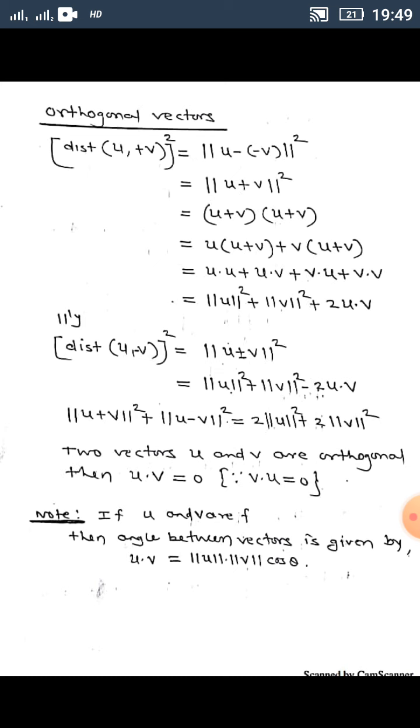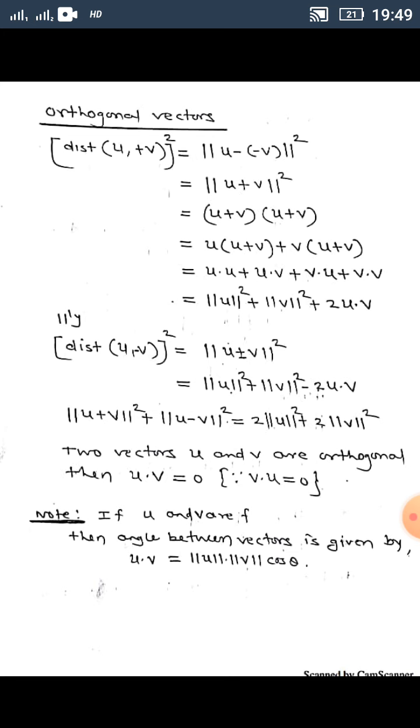If u and v are orthogonal, the 2 u into v and minus 2 u into v automatically get cancelled if we take the addition. And this is for the objective: if u and v are vectors, the angle between these two vectors we can find out, that is u into v equals norm of u into norm of v cos theta. So this is the formula.